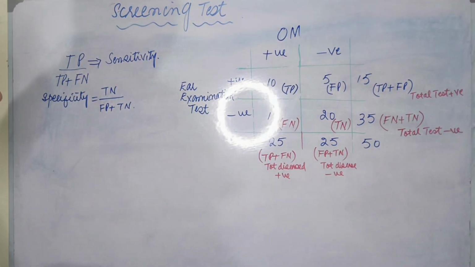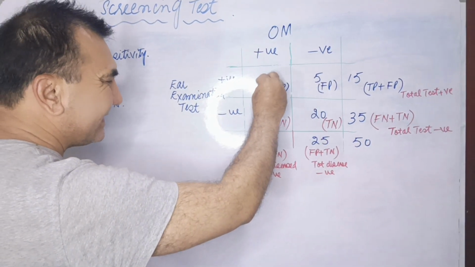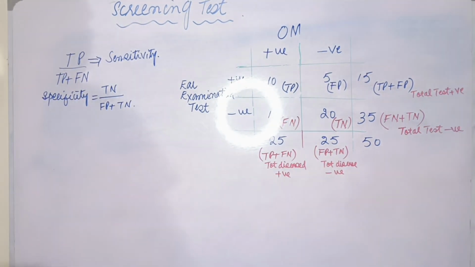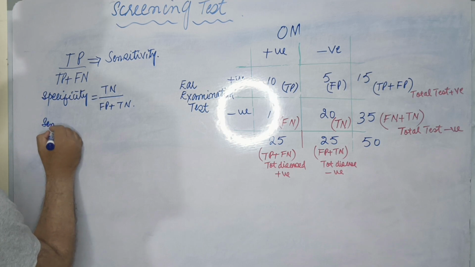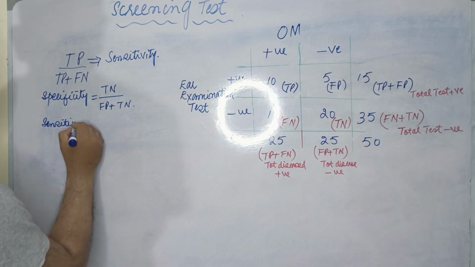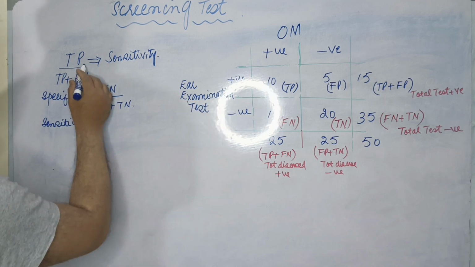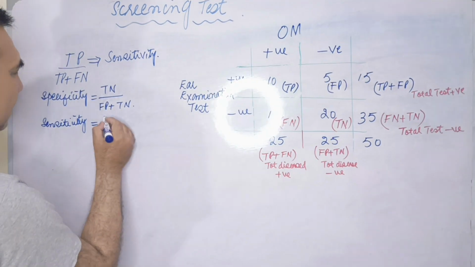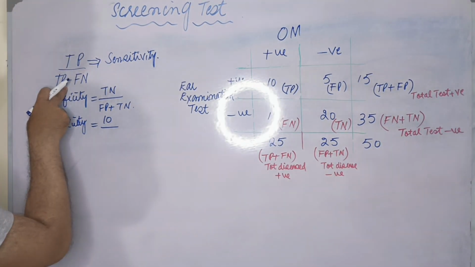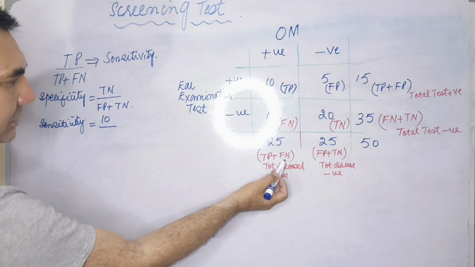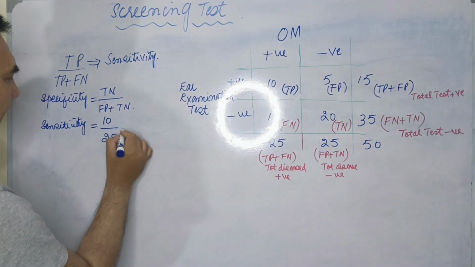Now we will calculate the sensitivity and the specificity of this test. For the sensitivity of the test in this example, what is the true positive? The true positive is 10, and in the formula, the denominator is true positive plus false negative. How much is it? 25.